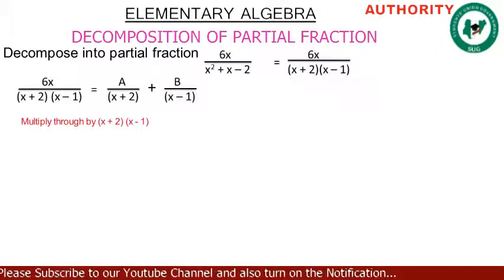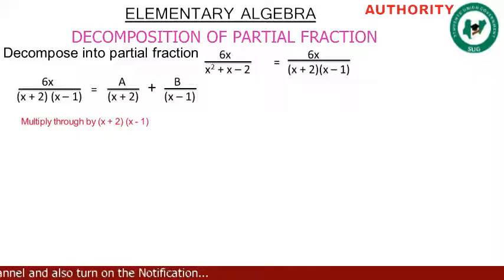Now let's go. We're going to multiply through by the denominator. The denominator is what? (x plus 2)(x minus 1). We're going to multiply through by this x plus 2 and x minus 1.